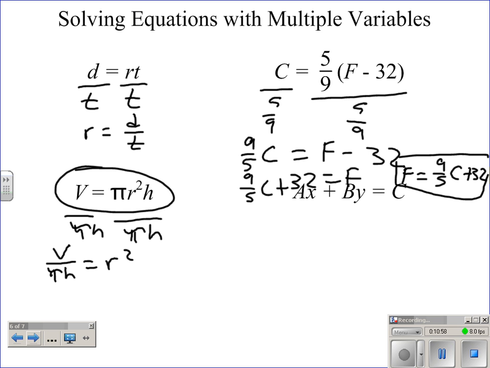Now you must square root it all. The result is R is the square root of V over pi h.